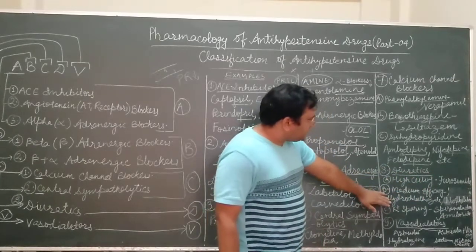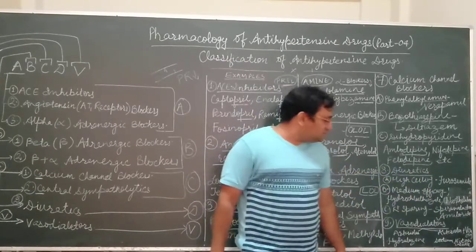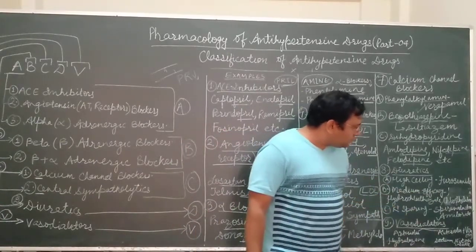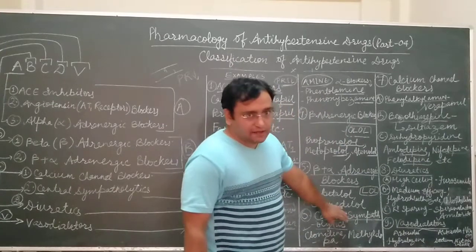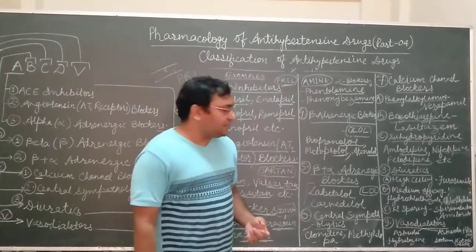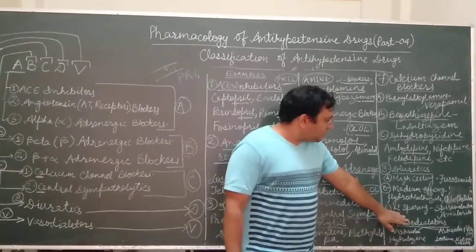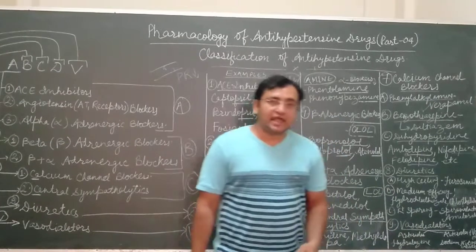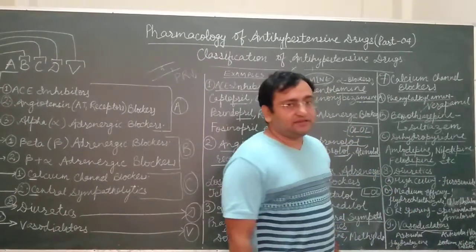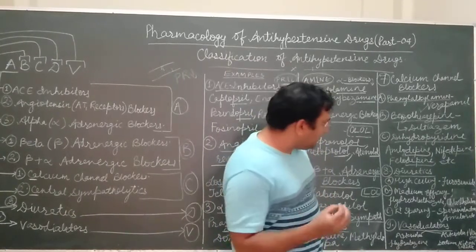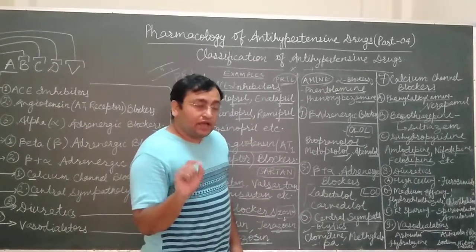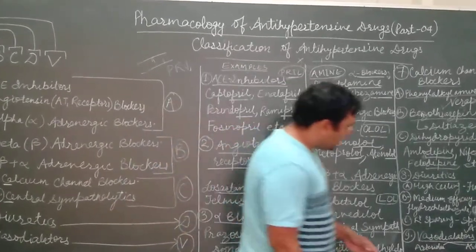Then medium efficacy diuretics, for example hydrochlorothiazide, chlorthalidone, etc. And some weak efficacy drugs, for example potassium sparing diuretics like spironolactone and amiloride. These are examples of weak diuretics which can be used as antihypertensive drugs.